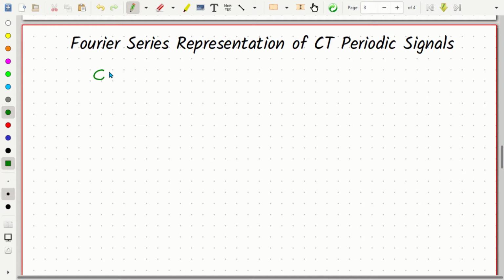Actually, the continuous time Fourier series, or CTFS, is used to find out the spectrum, or frequency spectrum, of continuous time periodic signals.